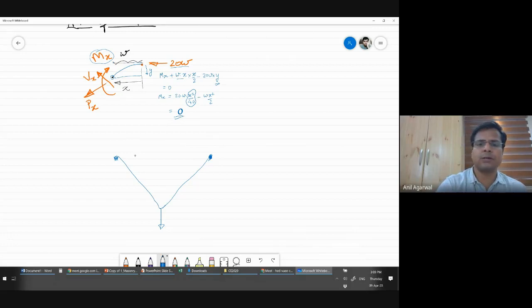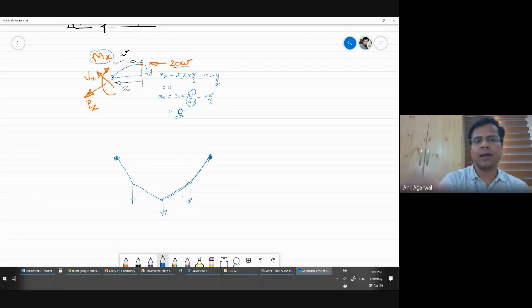But what happens if I apply two more weights here? Then the shape I'll get is a polygon sort of a thing, with three weights hanging.